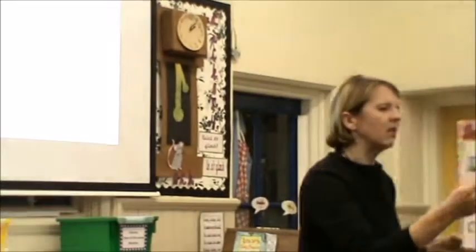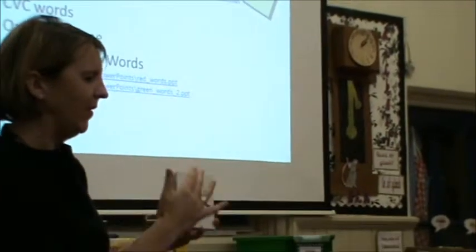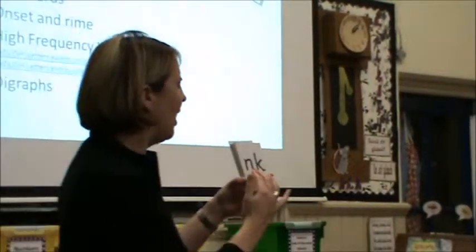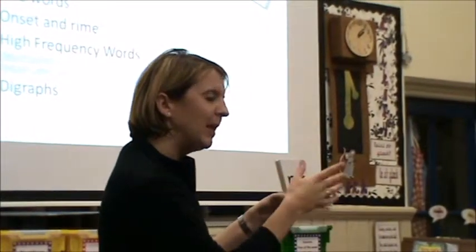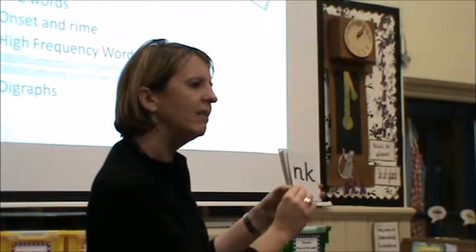So that says, I think, I stink. My turn: I think, I stink. Your turn: I think, I stink. So when they're reading and they get to that grapheme, you can get your little laminate and say, that's I think, I stink.